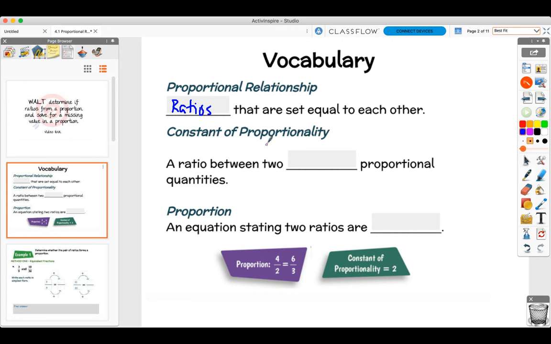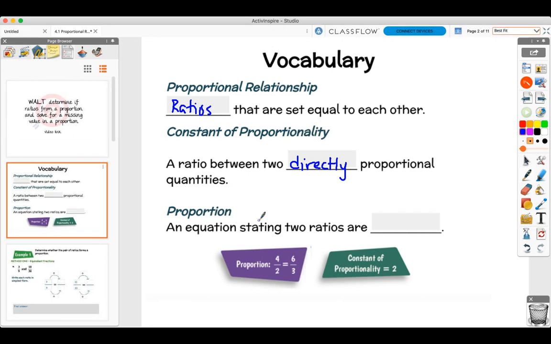Constant of proportionality: a ratio between directly proportional quantities. Directly proportional is something we're going to be talking about a little bit later, but that is a vocabulary word that you're going to see.